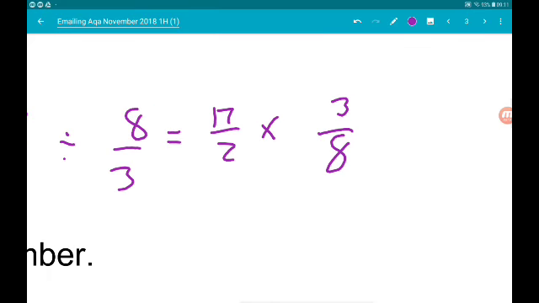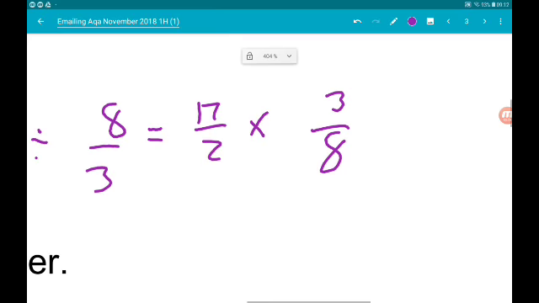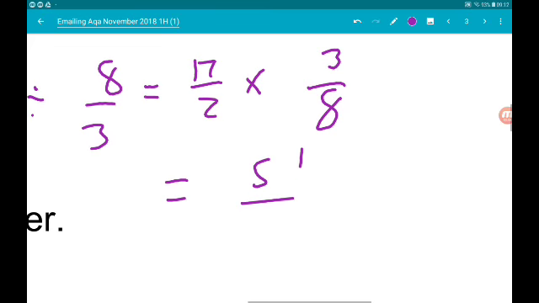When you multiply a fraction by a fraction, you just do the top times the top over the bottom times the bottom. So 17 times 3 is 51, 2 times 8 is 16.